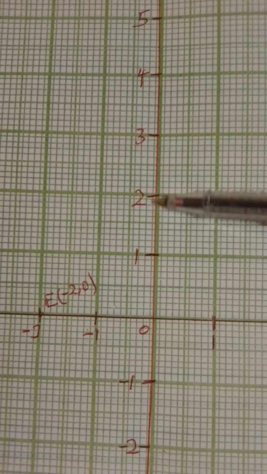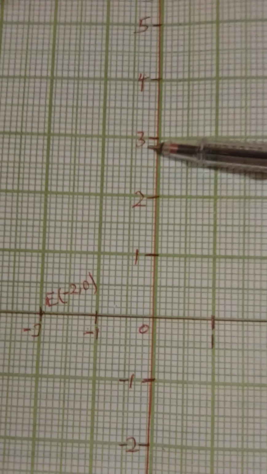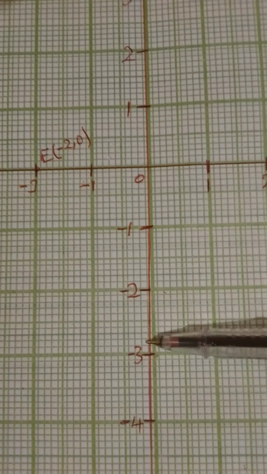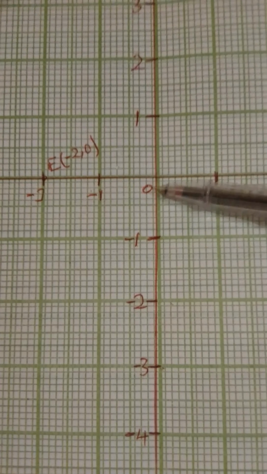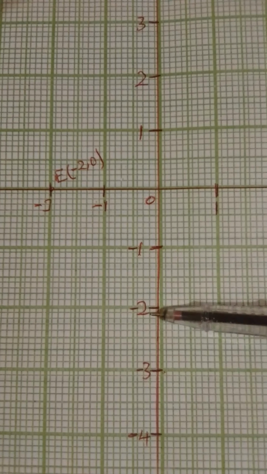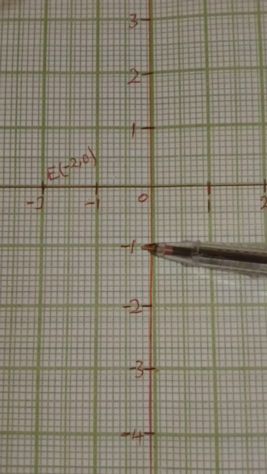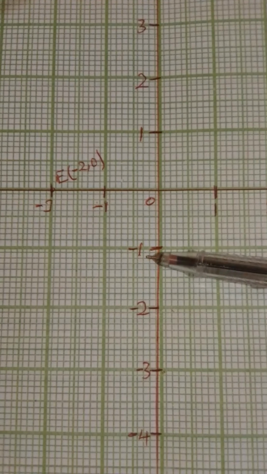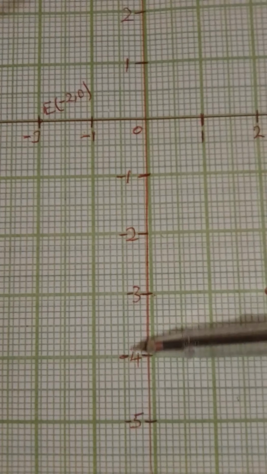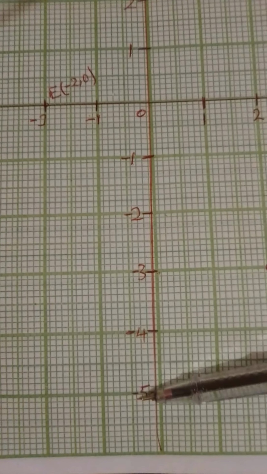Here we have the first point 1, the second point 2, the third point 3, the fourth point 4, and then up to 5. Then we label the negative side of the y-axis with the same scale: minus 1 first point, minus 2, minus 3, minus 4, and then minus 5.